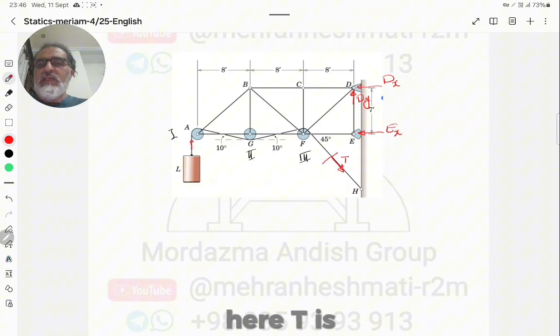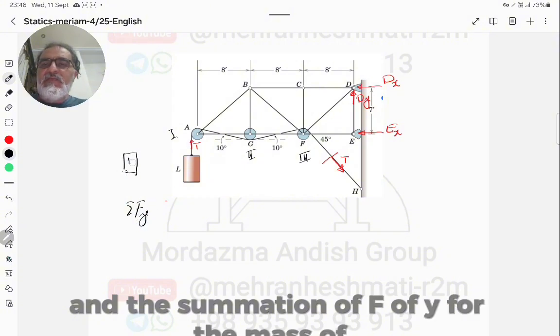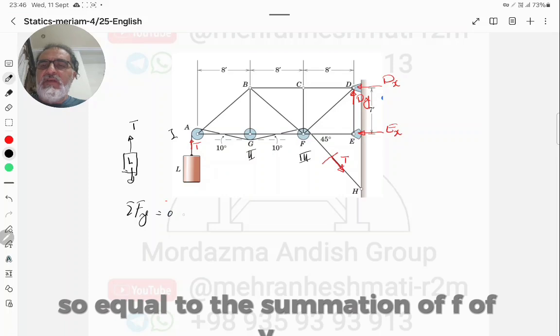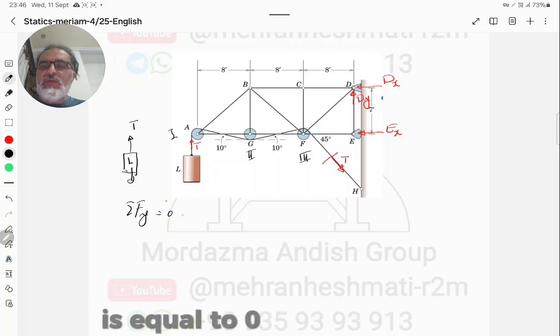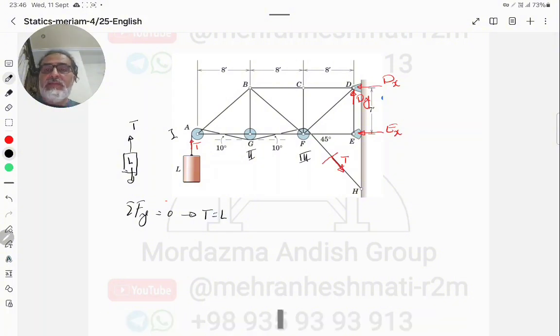Here T is, from the summation of f of y for the mass of L equal to 0, T is equal to L.